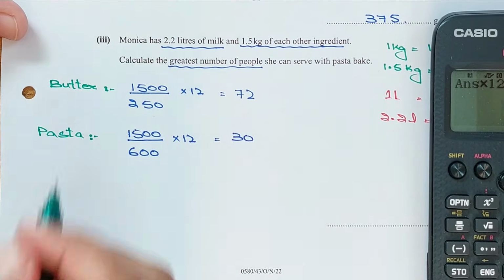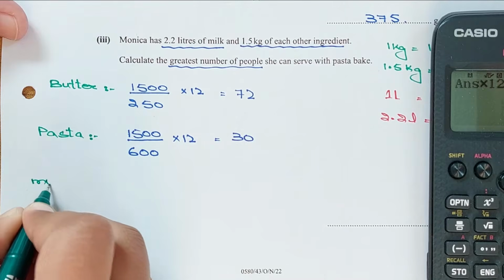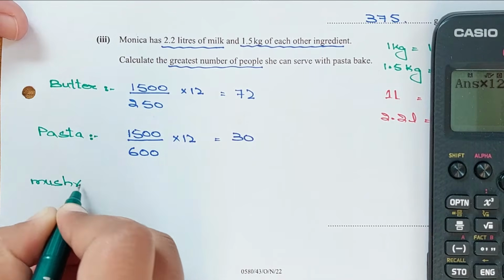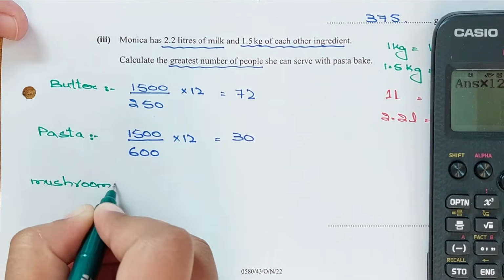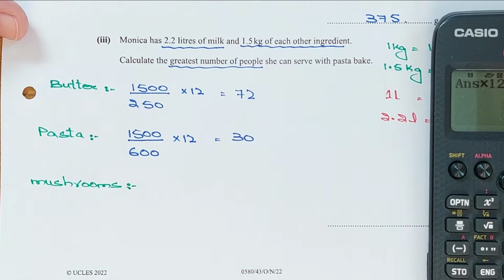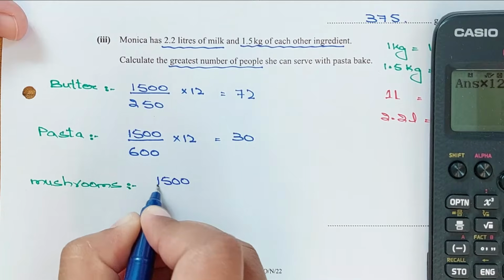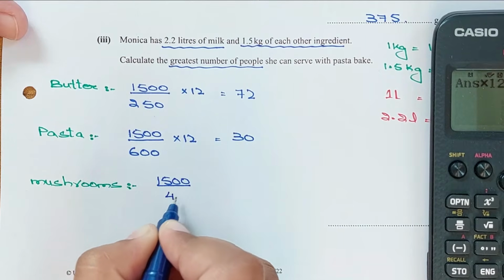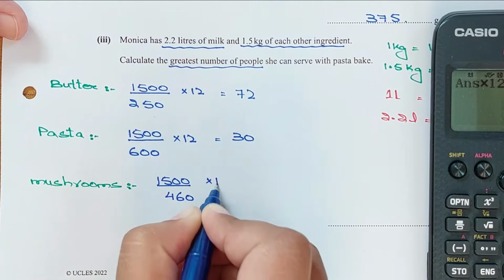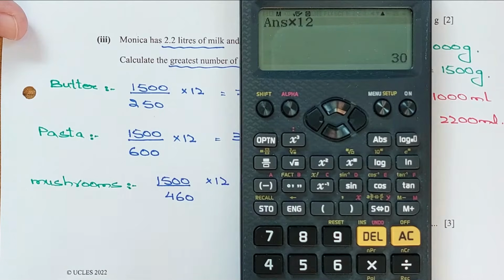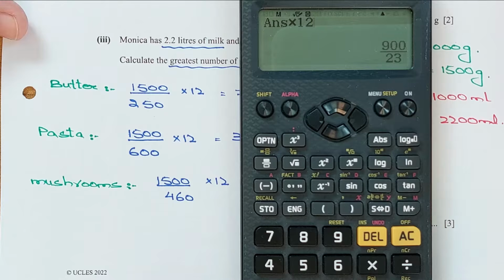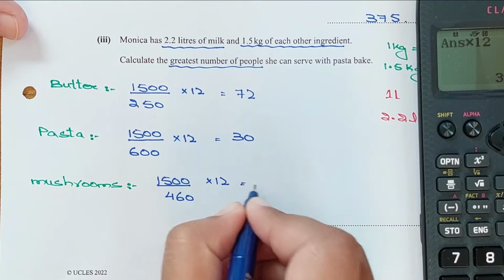Next is mushrooms. Mushroom is 1500 divided by 460 grams for 12 people. 1500 divided by 460 times 12 is 39.13, so 39 people.